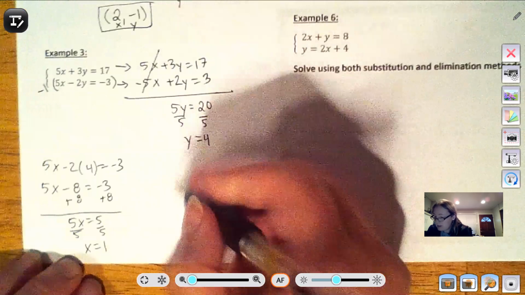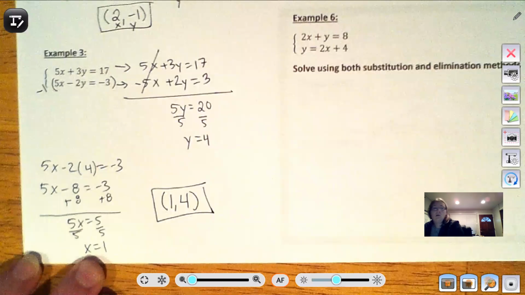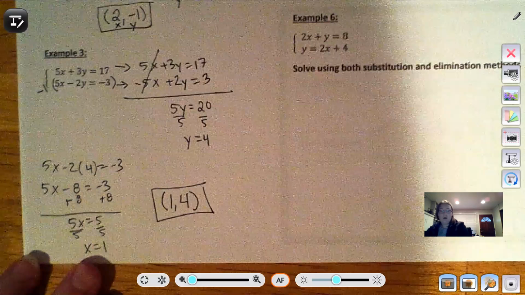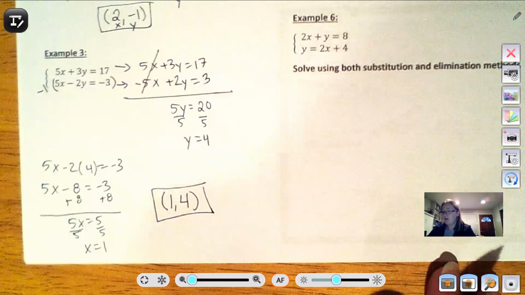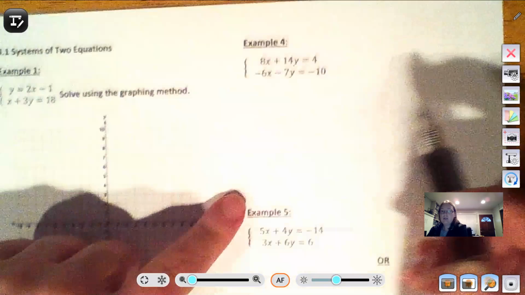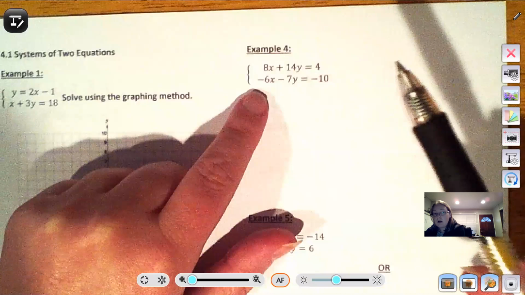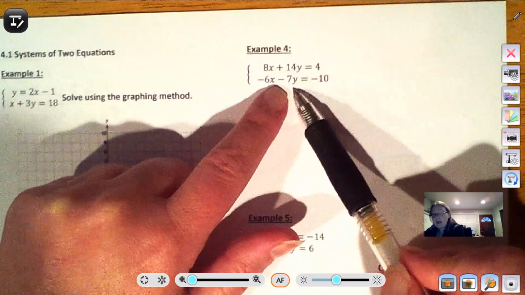And so then it's x comma y. And I'll show you one more, just the start, and I won't finish solving it, where we need to do a little manipulation. So we could get the x's to be 24 and -24, or we could get the y's to be 14 and -14.